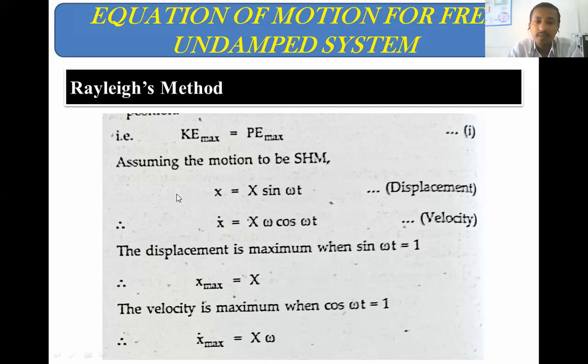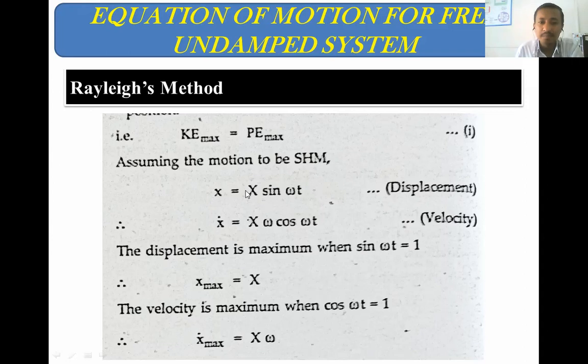Okay, so don't get confused between this parameter and this parameter. So differentiation of sin omega t means it is omega cos omega t. So यह होगा velocity, और यह होगा displacement equation.